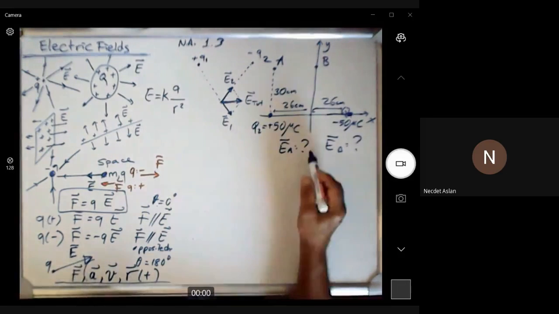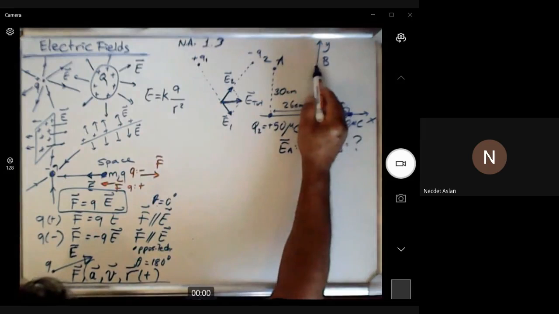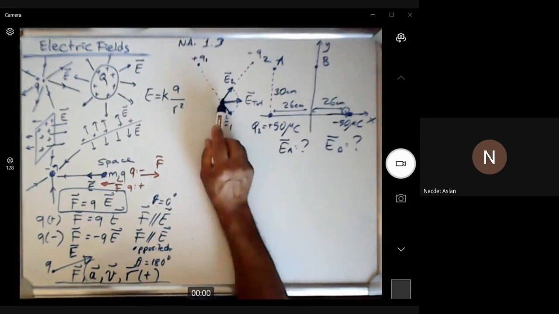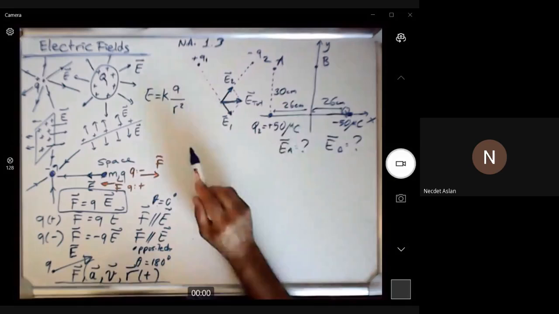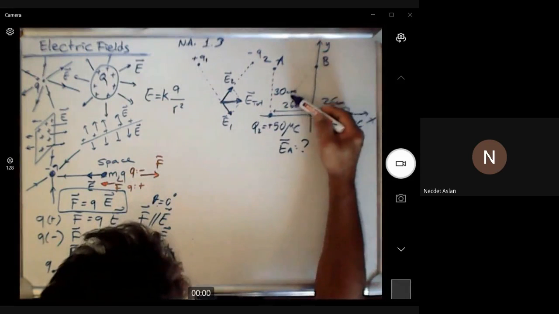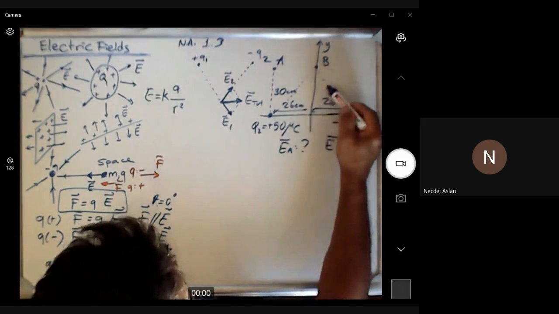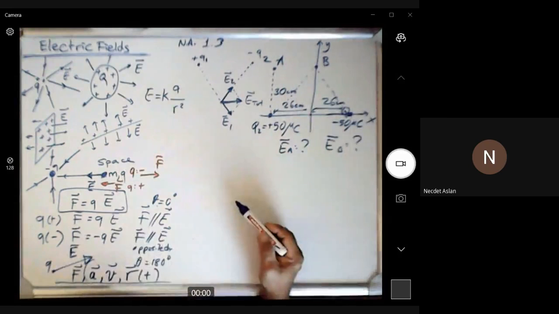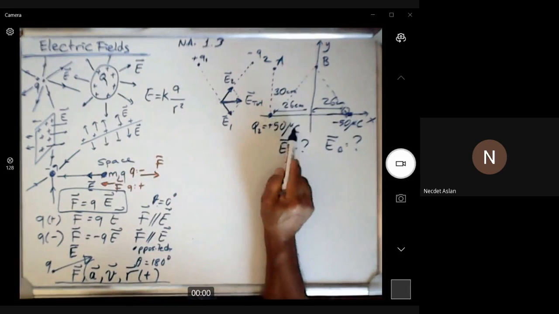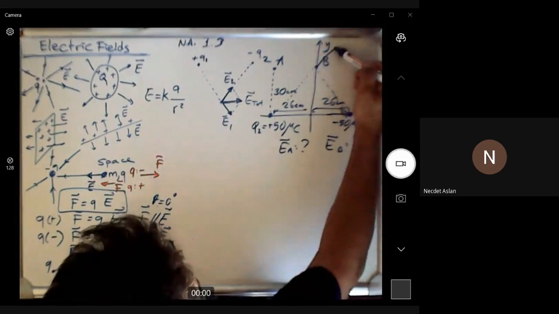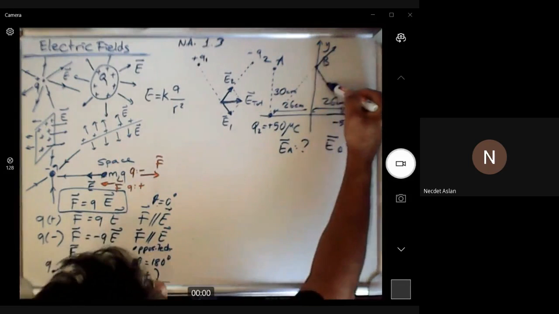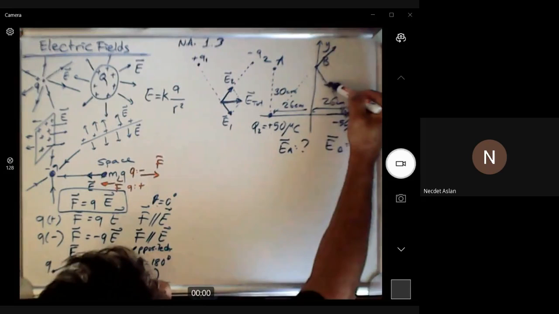Finding the electric field here at point B is easier. Because this is positive, let's connect these two charges to this point. As you see here, because this charge is positive, it creates an electric field this way, and because this is negative, it creates an electric field that way.